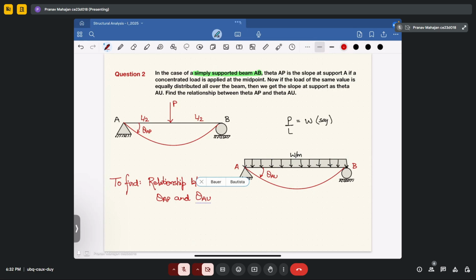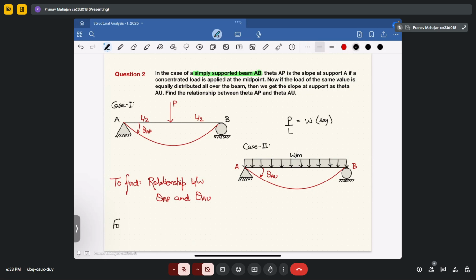Let me tell you first the standard results, but we will not solve the first problem using standard results. I will tell you the whole procedure, and after this problem we will utilize all the standard results. So for this problem, I will tell you how we can determine the values. So if we talk about the standard results, suppose this is case 1 and this is your case 2.